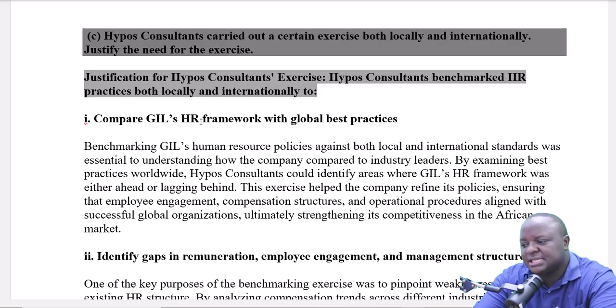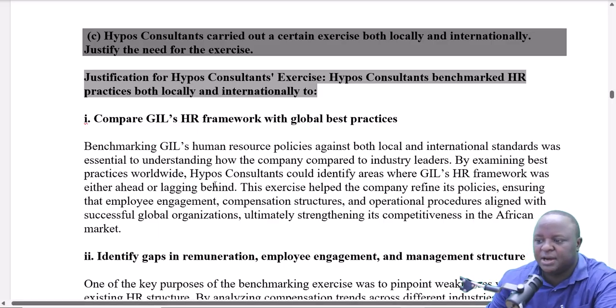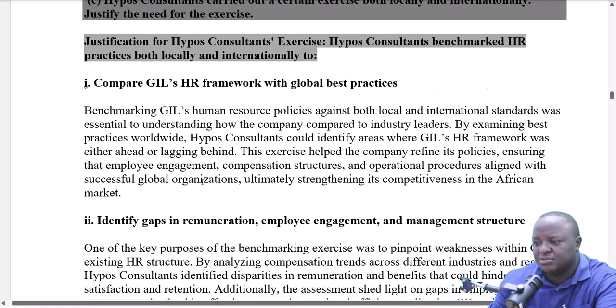So this exercise helped the company refine its policies, ensuring that employee engagement, compensation structure, and operational procedures were aligned with successful global organizations, which ultimately strengthened its competitiveness in the African market. And of course, we saw the results that came after the recommendations that were given on that.